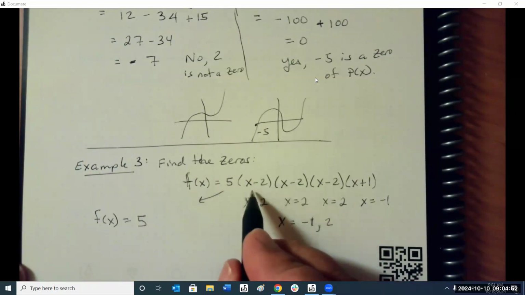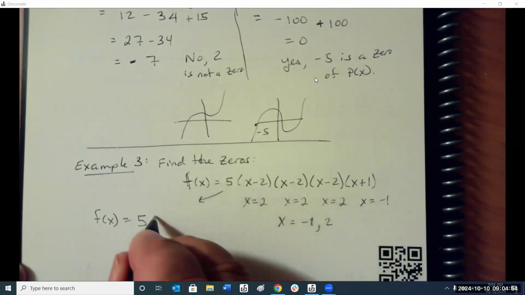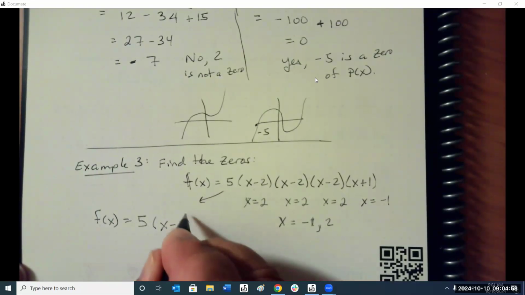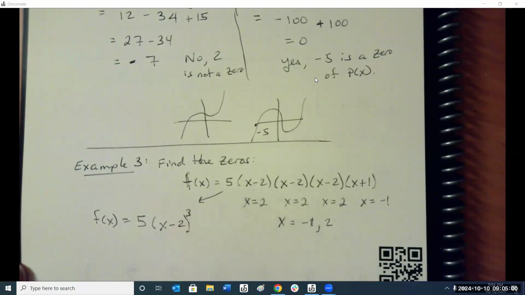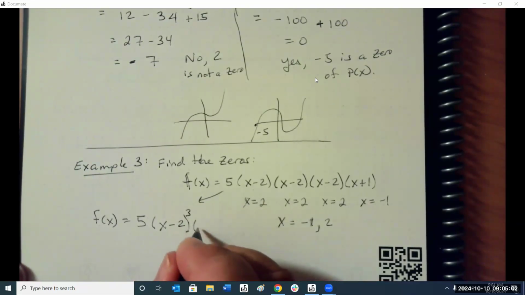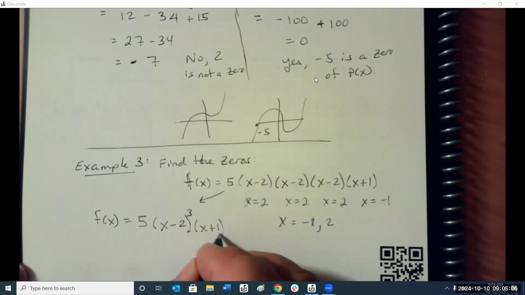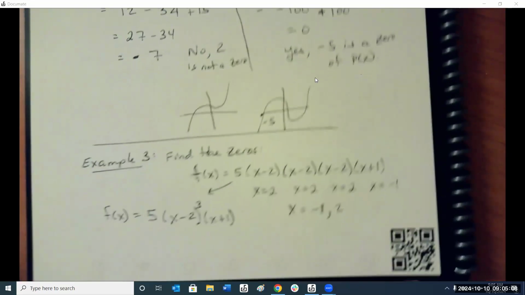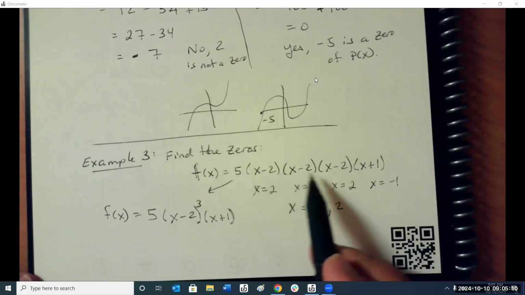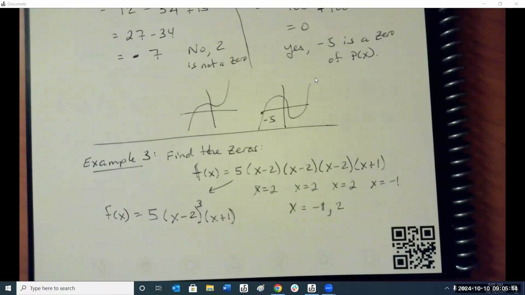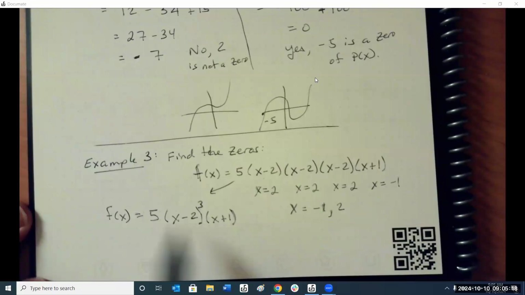There's the 5. We notice we have 3 of those, so we could have just made it to the power 3, and then x plus 1. If you have the same factors, we just put them under there. And that's going to help us graph it also. We'll talk about these in a second.